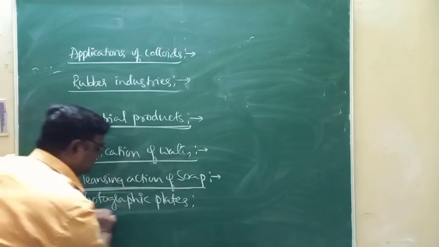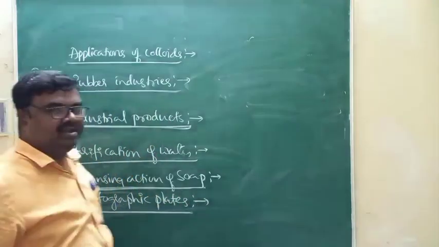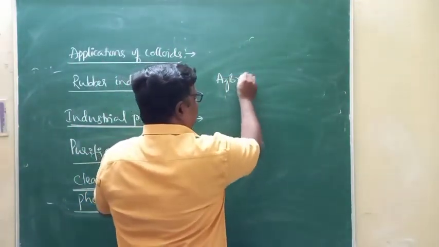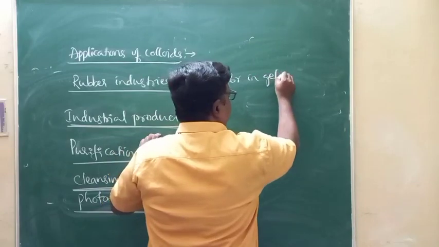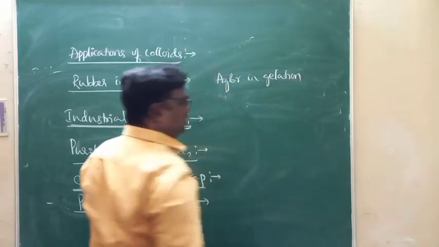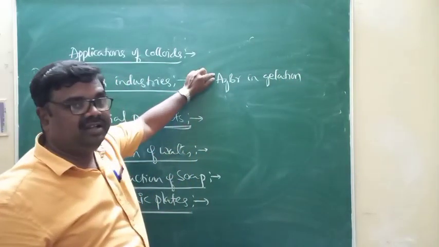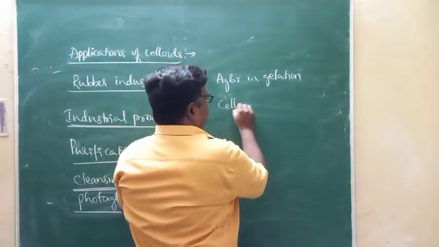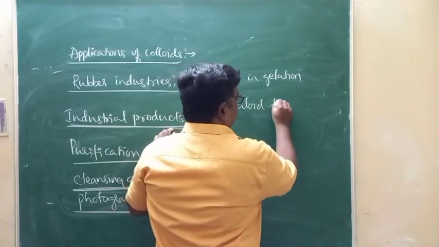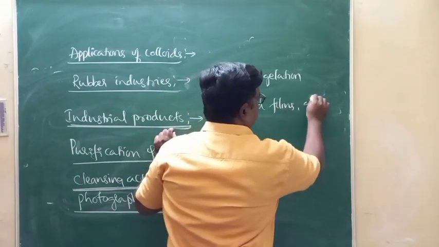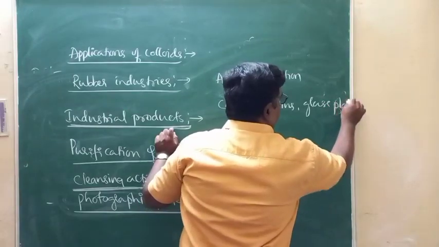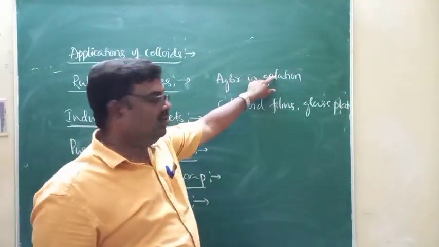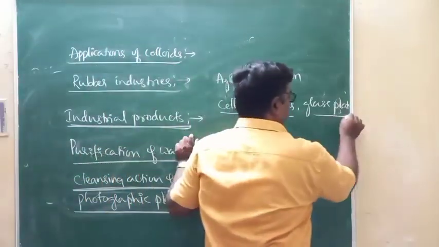Photographic plates can be prepared by applying an emulsion of silver bromide in gelatin over celluloid films or glass plates.